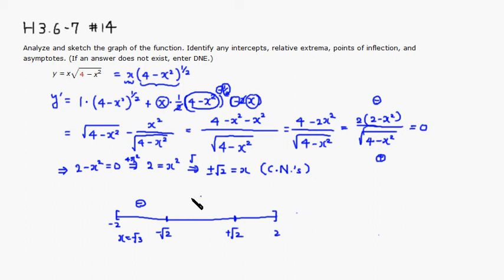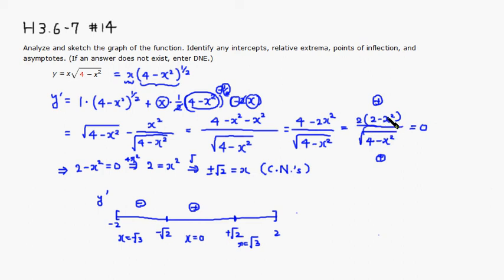Right? Then between negative square root of 2 and a positive square root of 2, we can try 0. Right? If you put 0 here, so you have positive. Bottom is always positive, so it's positive here. We're looking at the y prime. Right? And between square root of 2 and 2, so square root of 3.